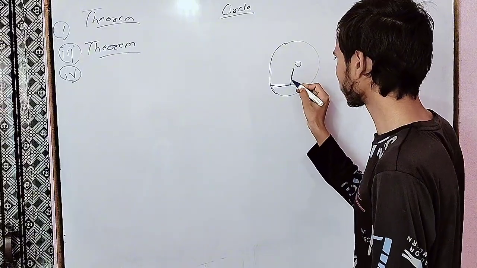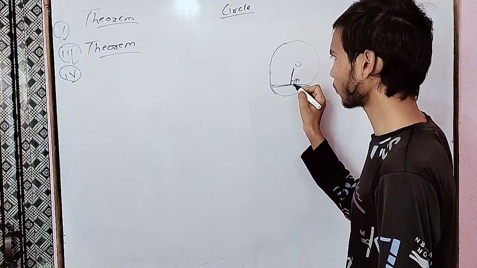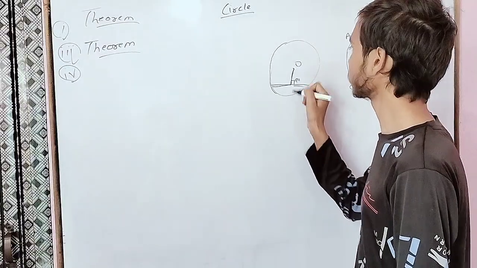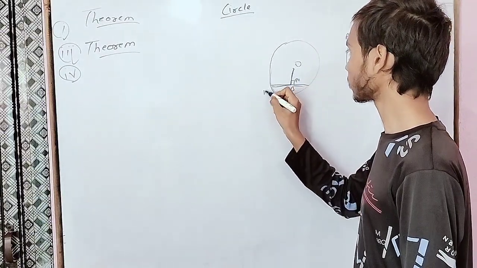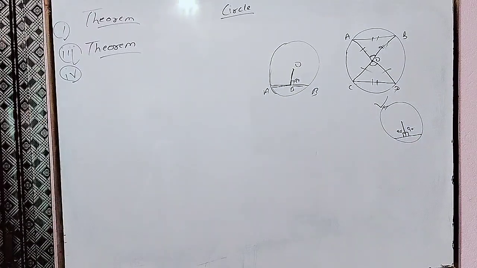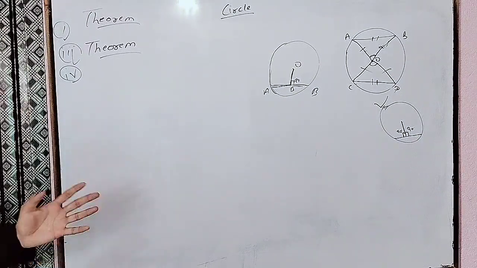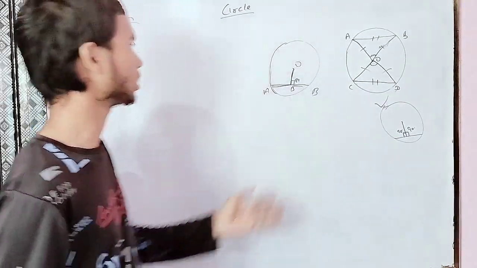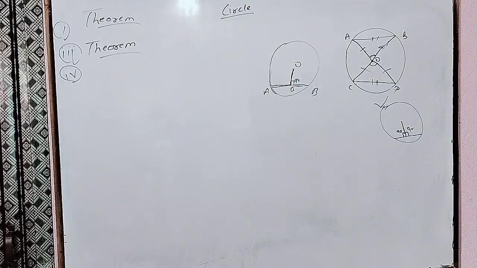Of course, this is making 90 degrees. When it comes to 90 degrees, it is also known as a perpendicular. And OB is perpendicular to AB. Clear? I think it is similar to the previous theorem.